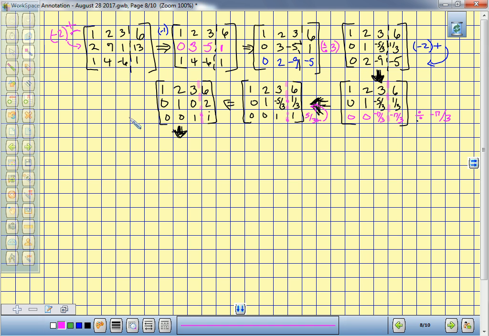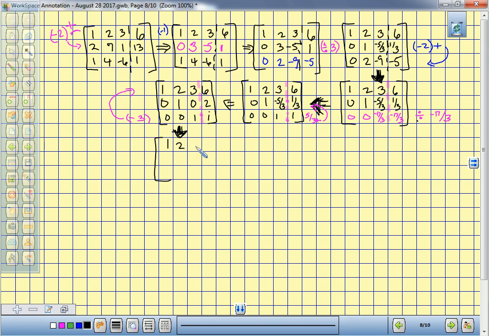When we multiply this by negative 2, we get positive 10 thirds, and this would be negative 27 thirds. Positive 10 thirds, negative 27 thirds gives me negative 17 thirds.